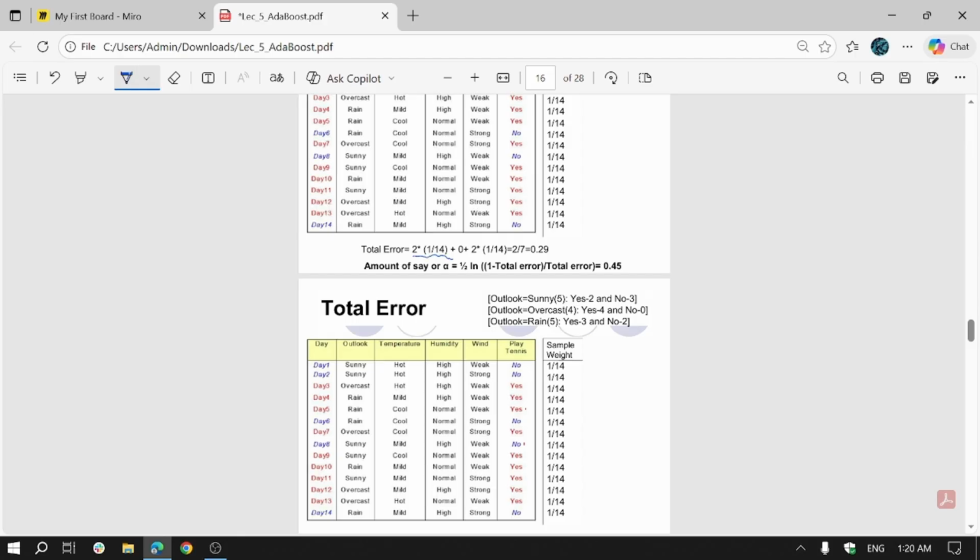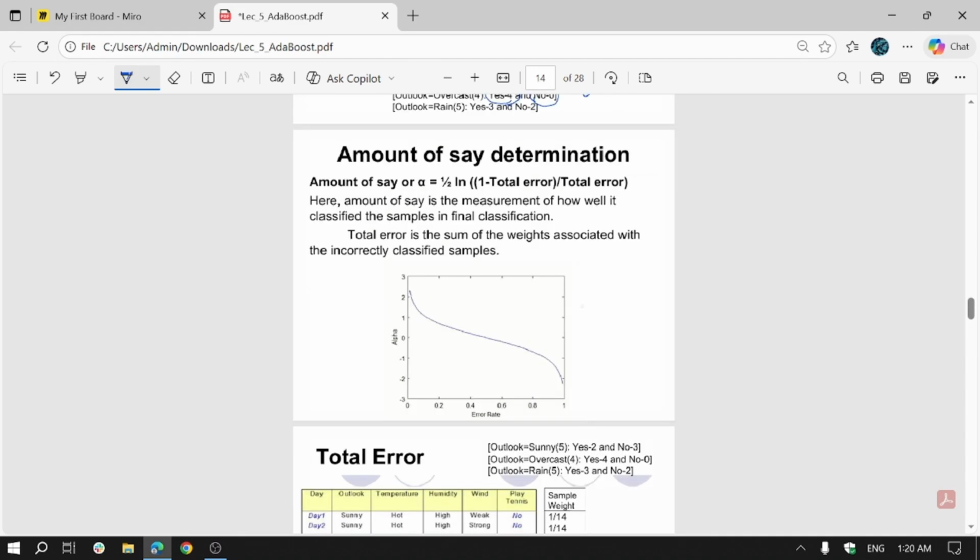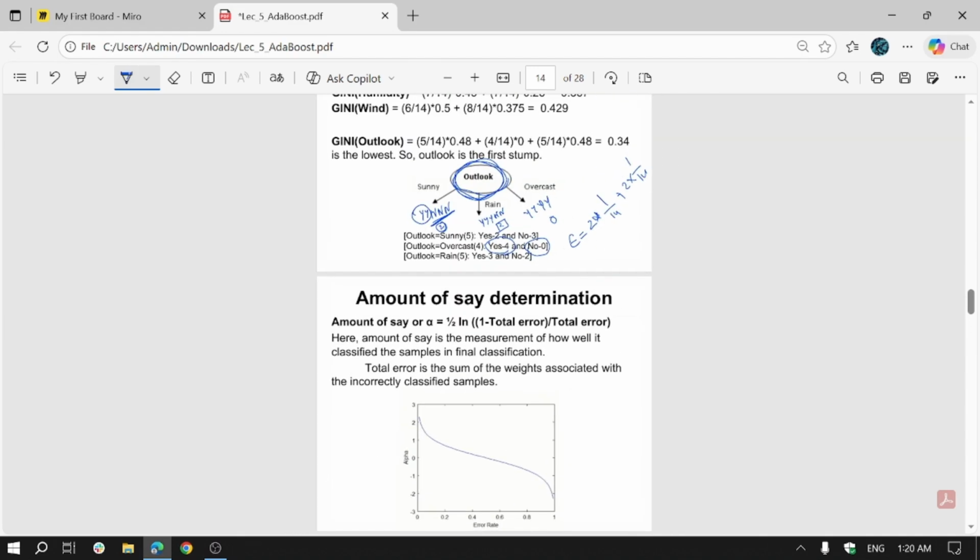So why 2 into 1 divided by 14? Basically we found the sample weight for each of the samples, 1 divided by 14. There are 2 misclassified data, so we multiplied it by 2, and the same way we found the error for rain. And this way we found the error.